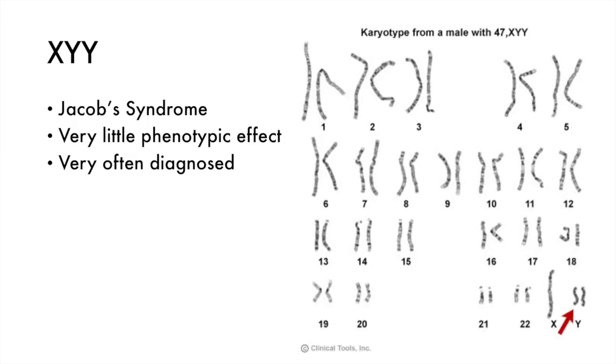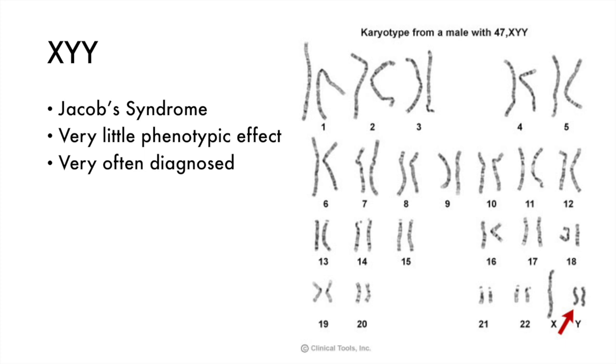Jacob's syndrome is XYY, where a patient can have two Y chromosomes. And there's very little phenotypic effect. Again, the Y chromosome doesn't have a lot of genes on it, so the effect is fairly mild.